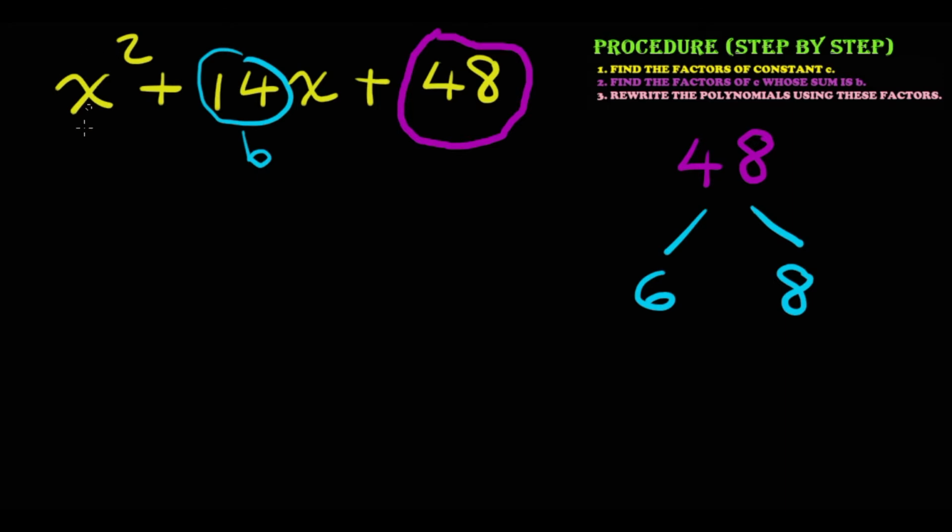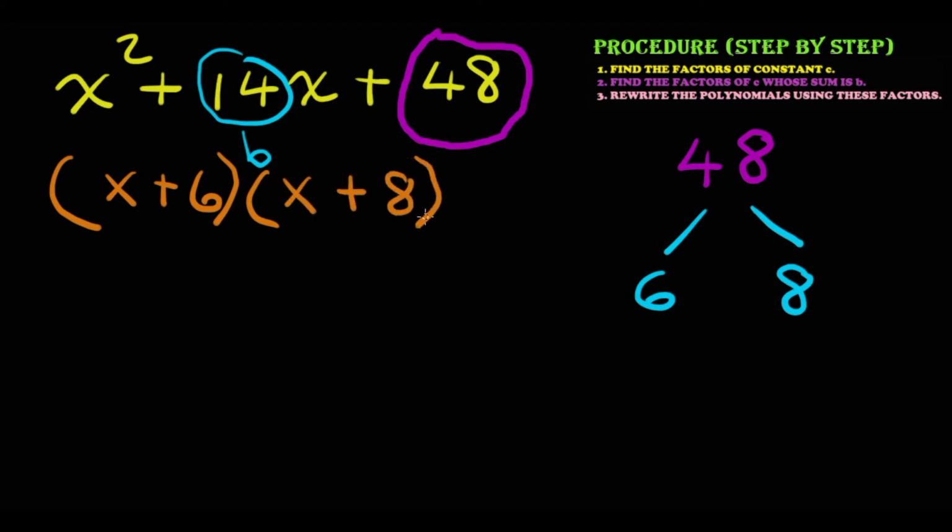So it's going to be x plus 6 times x plus 8. We have a positive 6 and a positive 8, so that means x plus 6, x plus 8. Okay, so that would be the 2 factors of the trinomial given to you.